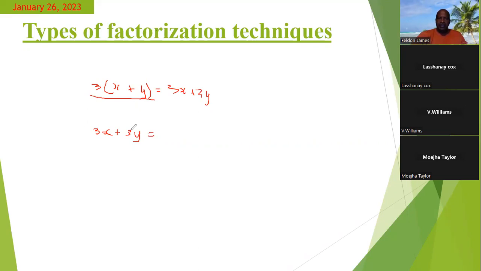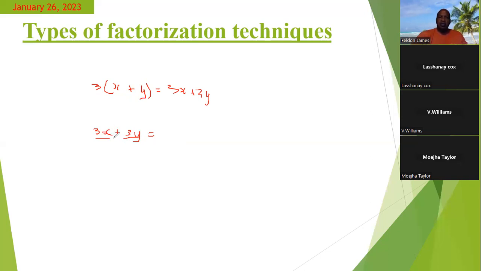Now, for instance, if we are factorizing, it means that we look at each term in the expression and we look to see if there is a common factor. You look at these terms, do you see a factor which is common? What is common? 3, sir. 3.